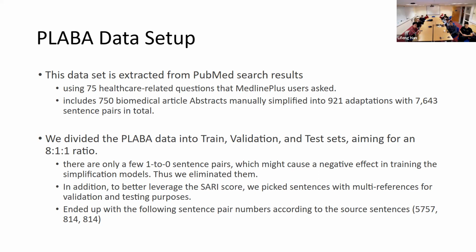So we decided to keep these sentence pairs with multiple references in the validation and test sets. And lastly, we have around 1,700 sentences in the training set, and around 800 in the validation and test sets.